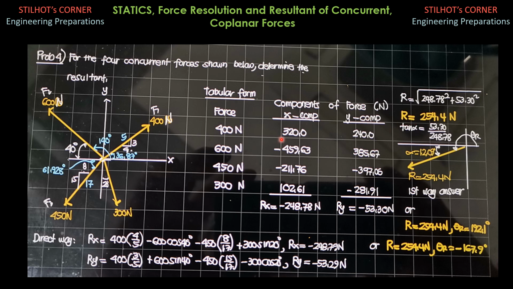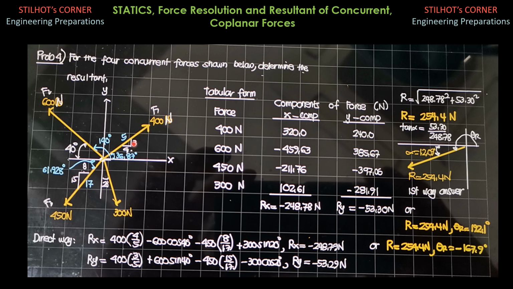For the x component of 400, it is 400 cosine of this angle here, 36.87, or 400 times cosine of this angle in terms of this slope or these given values, 4 over 5. So 400 times cosine theta 1, 4 over 5, and that is 320.